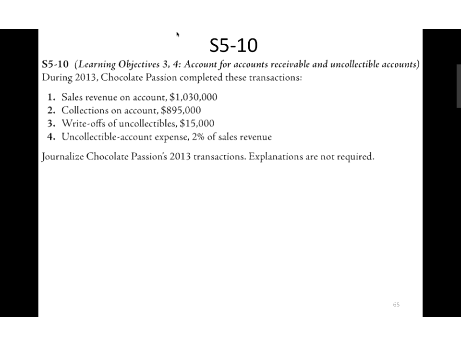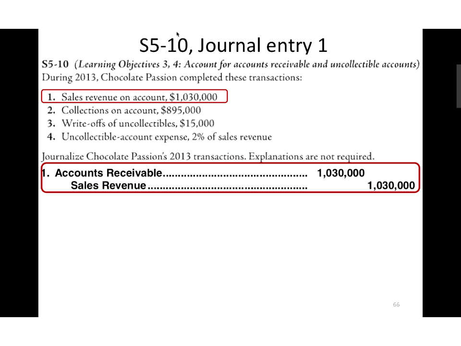Anybody know what we debit? Yes. Accounts receivable, credit sales revenue. Okay? So we're going to debit accounts receivable, credit sales revenue. Whenever you see sales on account, that means debit accounts receivable, credit sales revenue.